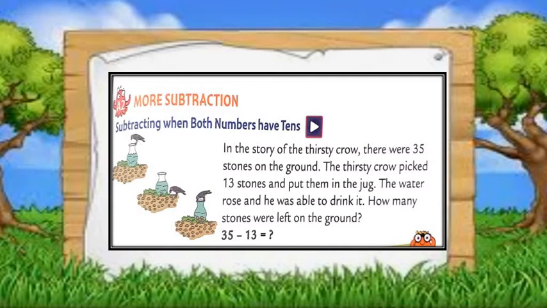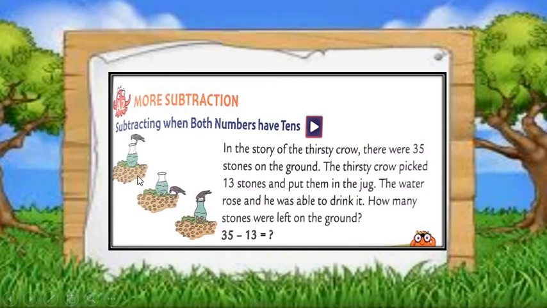Now let's see what happens next. The thirsty crow picked 13 stones and put them in the jug.